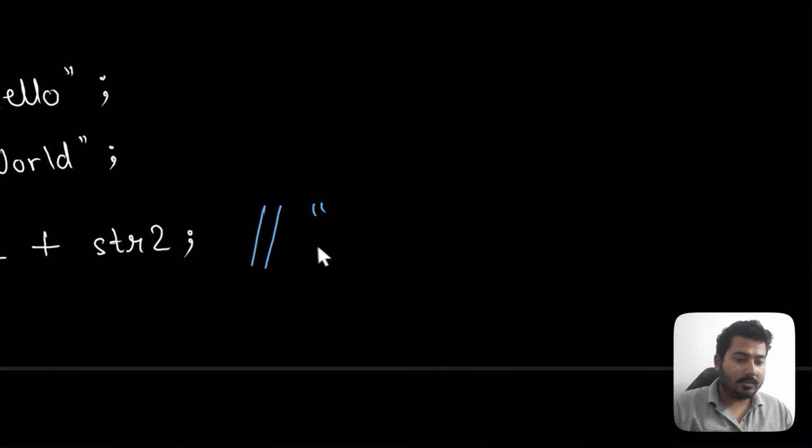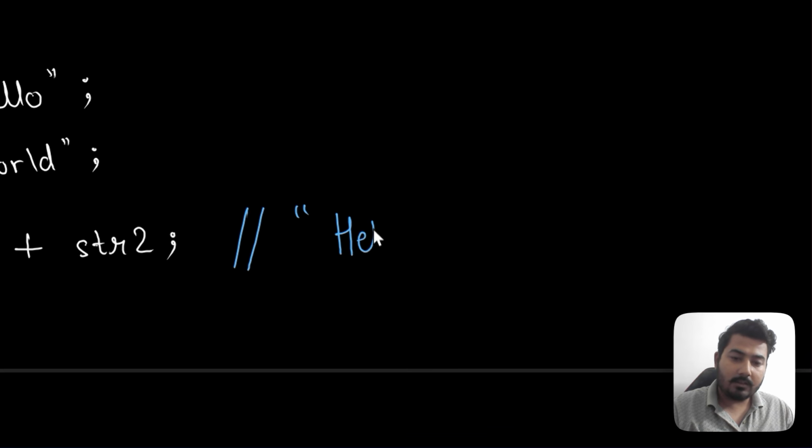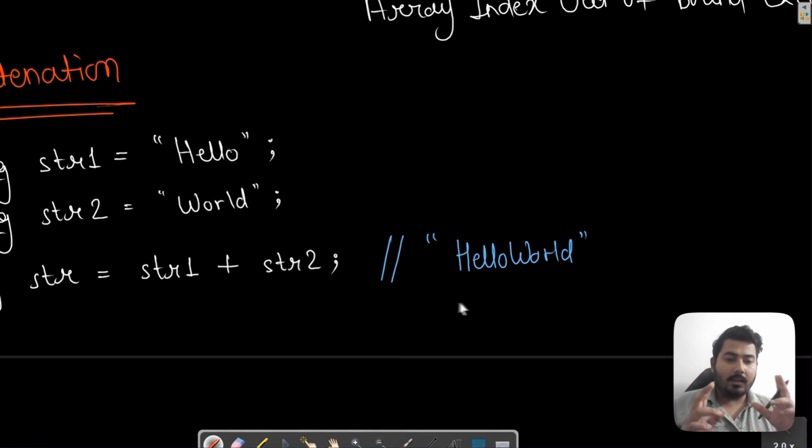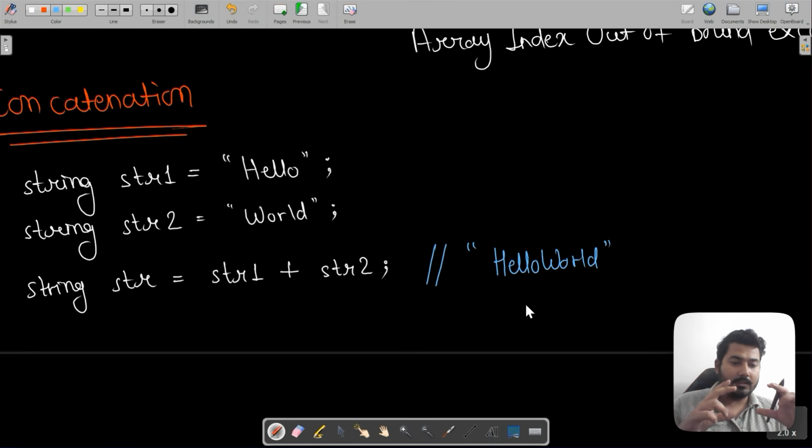Well, the output would be hello world. Here you are combining two strings into one, and this is not limited to only two strings. You can add as many strings as you want. Instead of adding strings, you can say concatenate as many strings as you want.